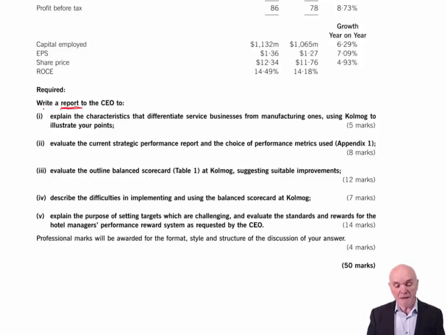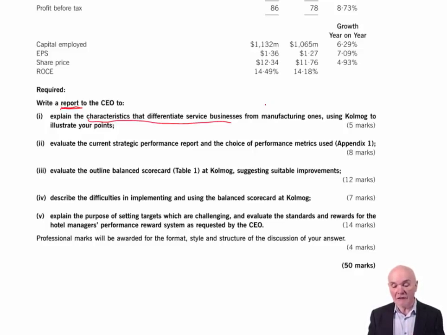Part 1. Explain the characteristics that differentiate service businesses from manufacturing ones using Colmog to illustrate your points. Here we have a 2-part question actually. There is a very factual part, the characteristics that differentiate service businesses from manufacturing businesses, and that's really a standard list of about 5 different qualities.